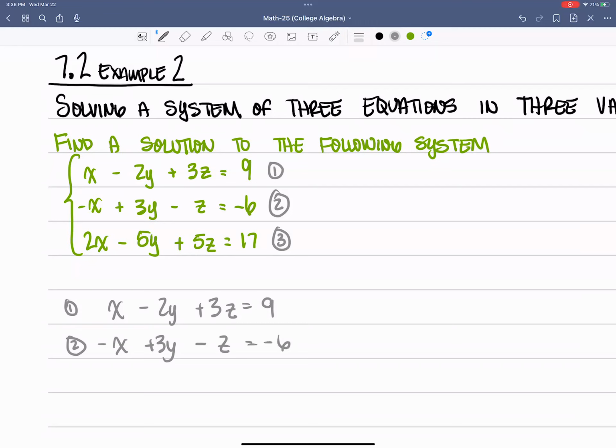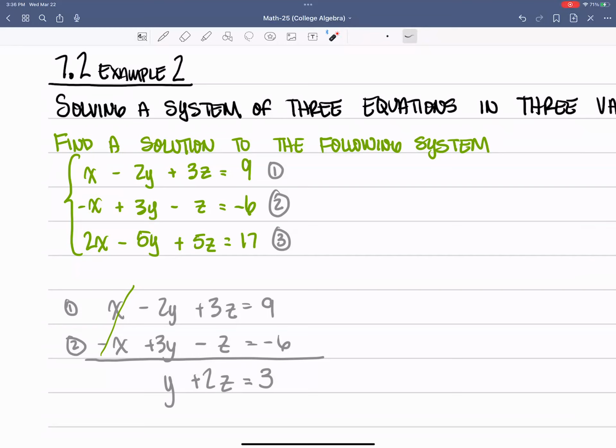Now adding those 2 together, the x's are eliminated. Y, we end up with y. And positive 3 minus 1, we have plus 2z is equal to 9 minus 6, which gives us 3. So now that's one equation that we have.